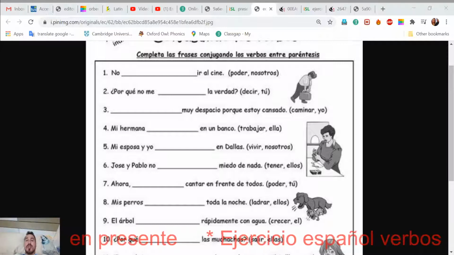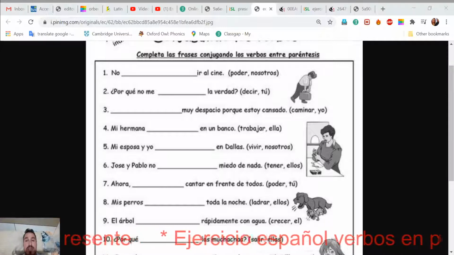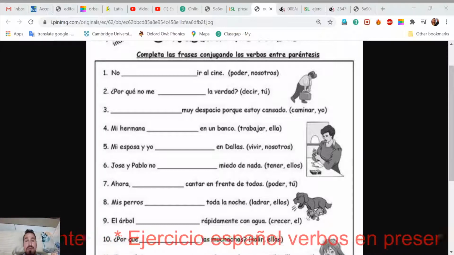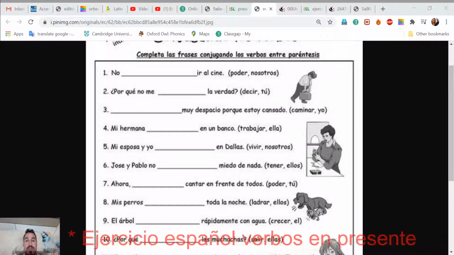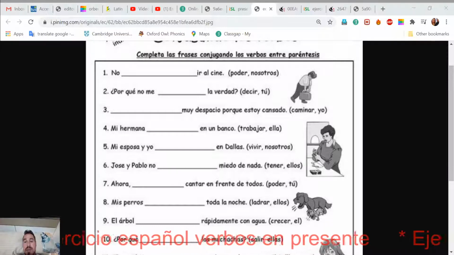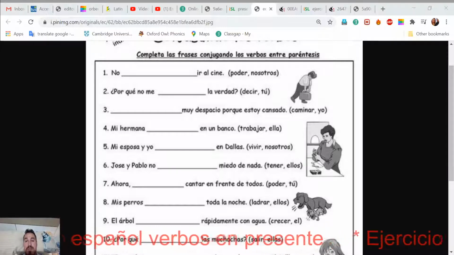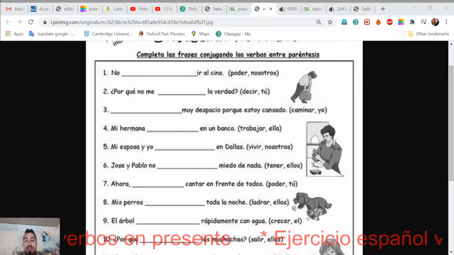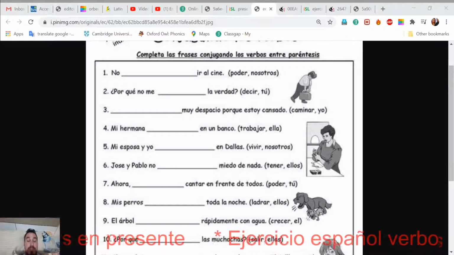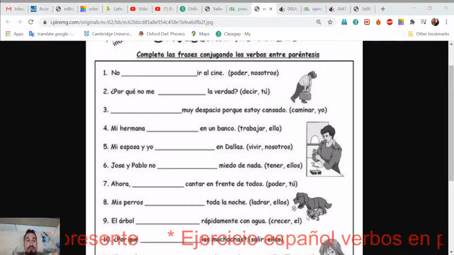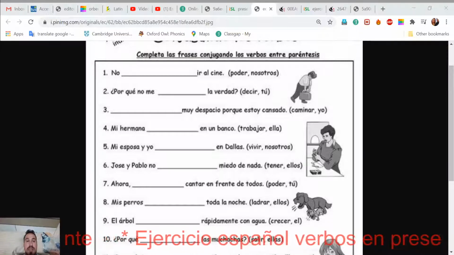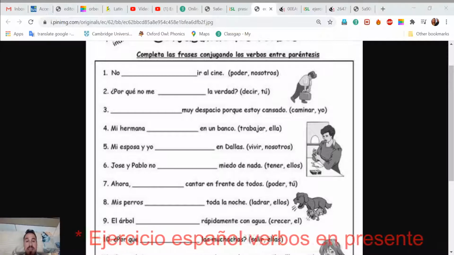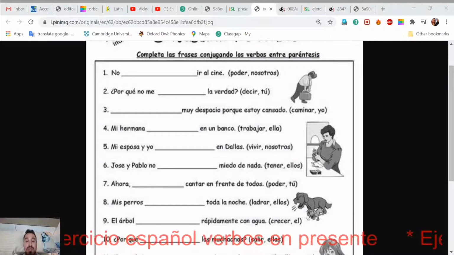So tener miedo is to be afraid, tener años is to be whatever old, tener sueño is to be sleepy, tener hambre is to be hungry. But remember, we just say to have fear, to have hunger, to have thirst, to have years. This is just how Spanish expresses these ideas. You just have to learn it.